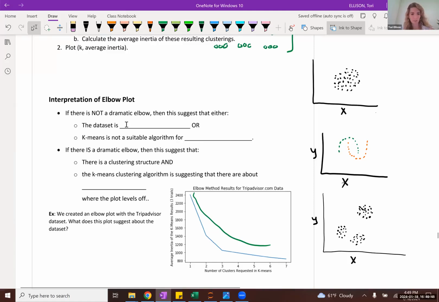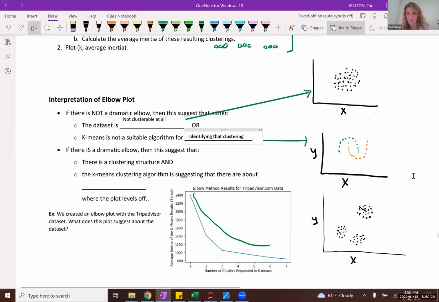It could mean that the data set is not clusterable at all. It's just a blob of points. There's nothing meaningfully separated about those points. On the other hand, it could also mean that there is a clustering structure in the data set, but k-means is not a suitable algorithm for identifying that clustering.